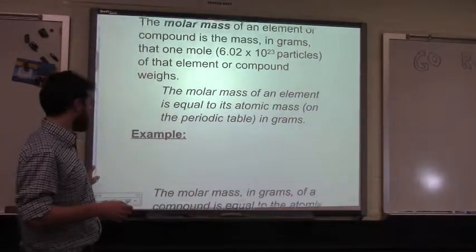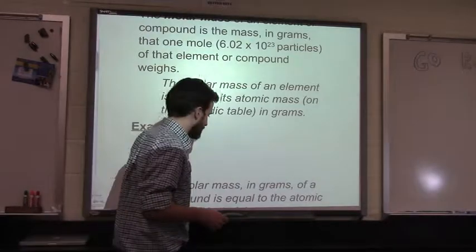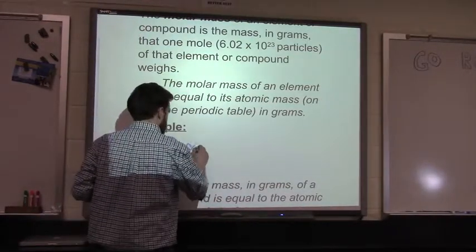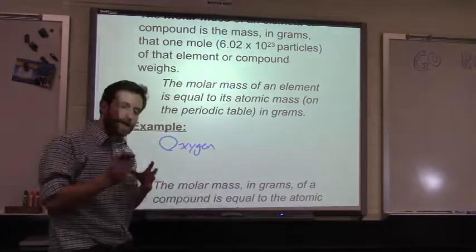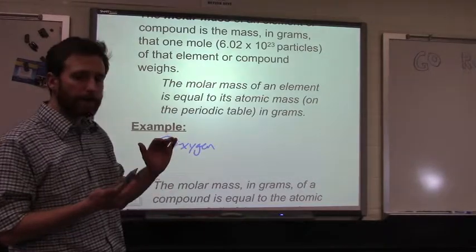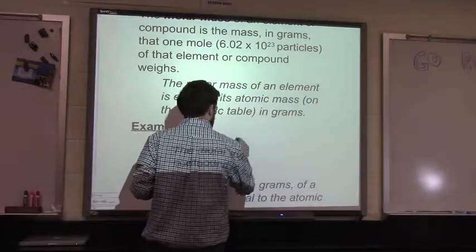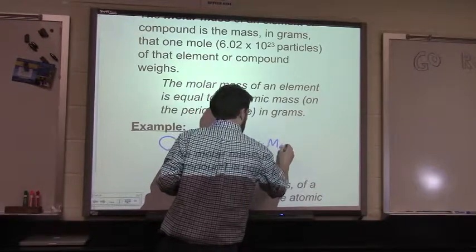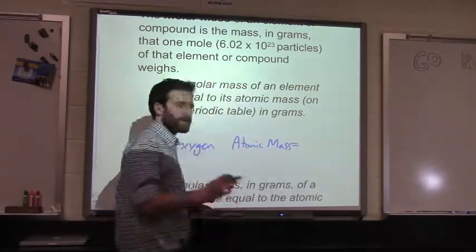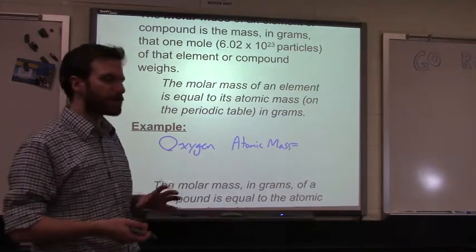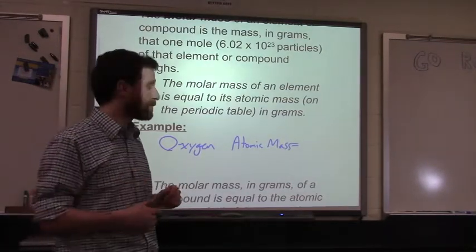For example, if I take oxygen, which depending on the periodic table you use has an atomic mass of either, some round it to 15.99 atomic mass units, others round it to just 16 atomic mass units.